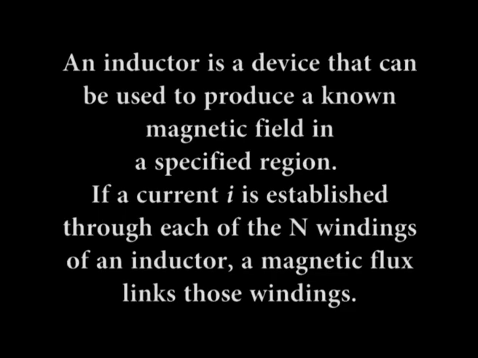So friends, here we come to the end of our discussion in this lecture today, and therefore we sum up. An inductor is a device that can be used to produce a known magnetic field in a specified region. If a current I is established through each of the n windings of an inductor, a magnetic flux links those windings.